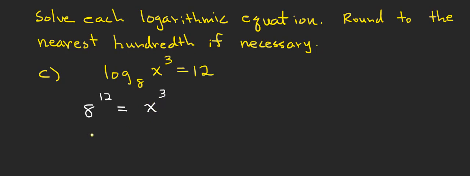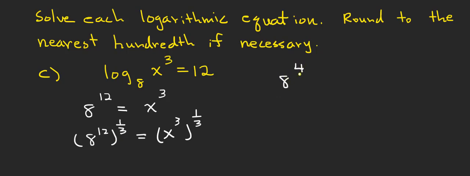So what we need to do is raise both sides to the power of 1/3. So that 3 will go away. Or you could do cube root both sides, same thing.